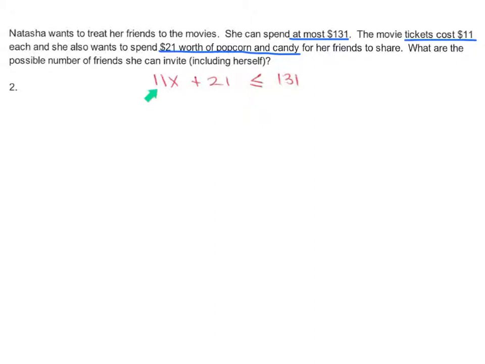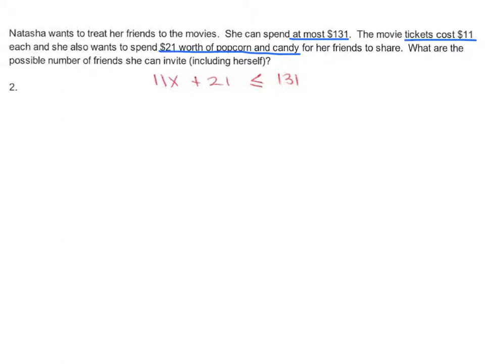The tickets were $11 per person, so that'll be 11x plus $21 for the popcorn and candy. And there we have our inequality. 11x plus 21 is less than or equal to $131. So from here, we can solve how many friends Natasha can invite.